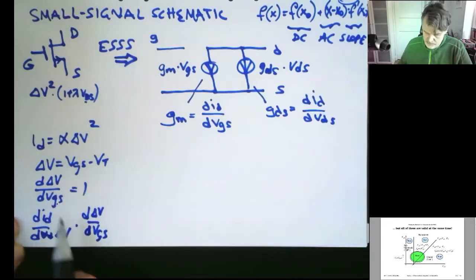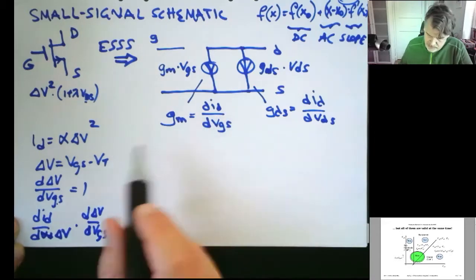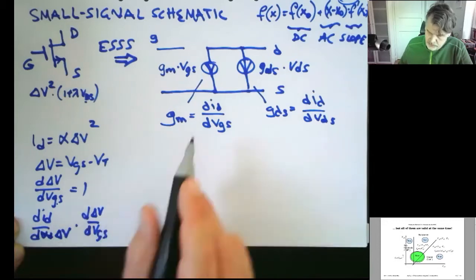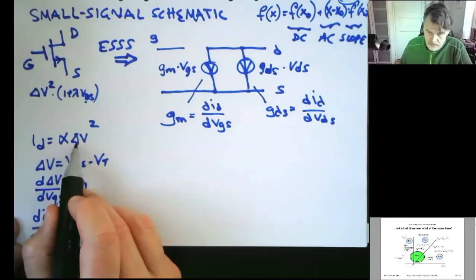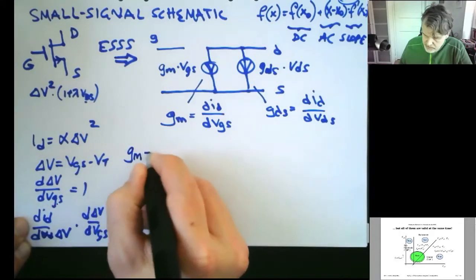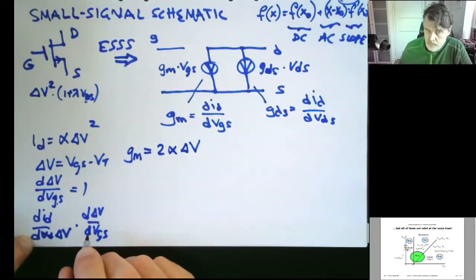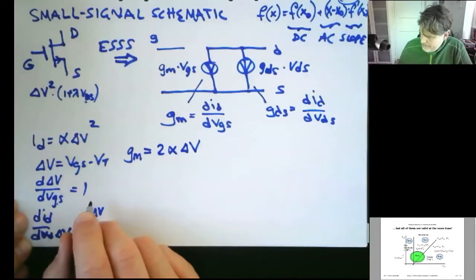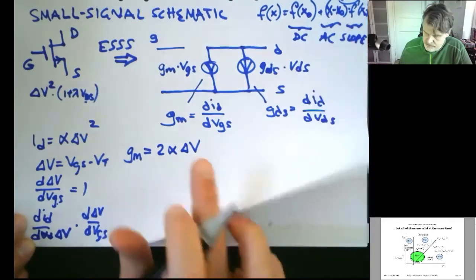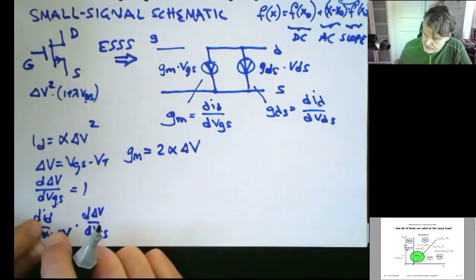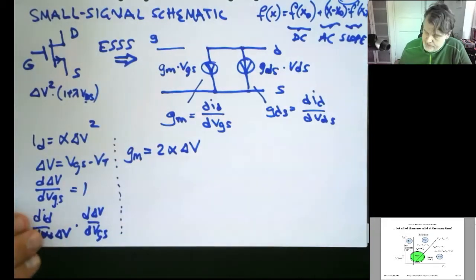So dID over dVGS is equal to dID over d delta V, sorry. So gm, I can just derive this expression with respect to delta V. That means that gm is equal to 2 alpha delta V. Delta V is the operating point voltage. We will come back to that, but I'll write it like this for now, just to get to some conclusions.